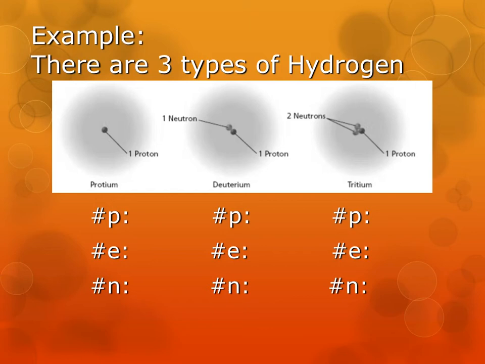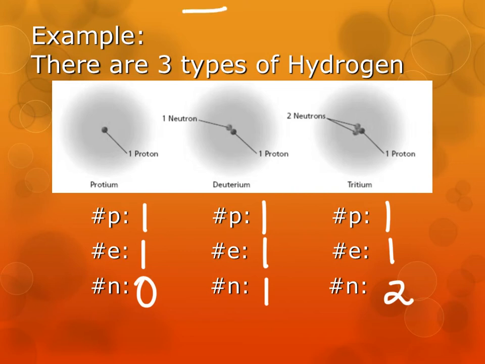So here are the 3 different forms of hydrogen. We just looked at 2, and you can note the differences in these pictures. They each have 1 proton. They each have 1 electron that you can't see because it's so tiny. And the one on the left has no neutrons, then 1 neutron, then 2 neutrons. Because there are different forms of hydrogen, we say it has isotopes.